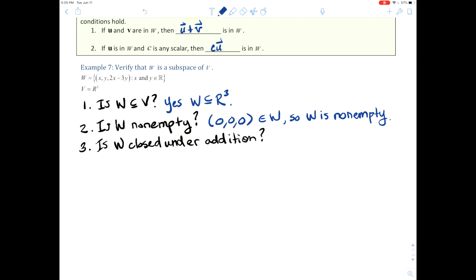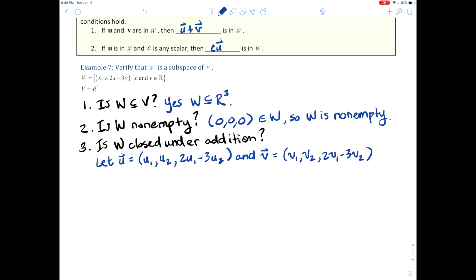Alrighty, so remember, you gotta identify stuff. So if we let U equal to U1, U2, and then gotta follow what's in the set, 2 times the first component, U1, minus 3 times the second component, which is U2, and V is gonna equal to V1, comma, V2, comma, and then we'll have 2 times V1 minus 3 times V2.